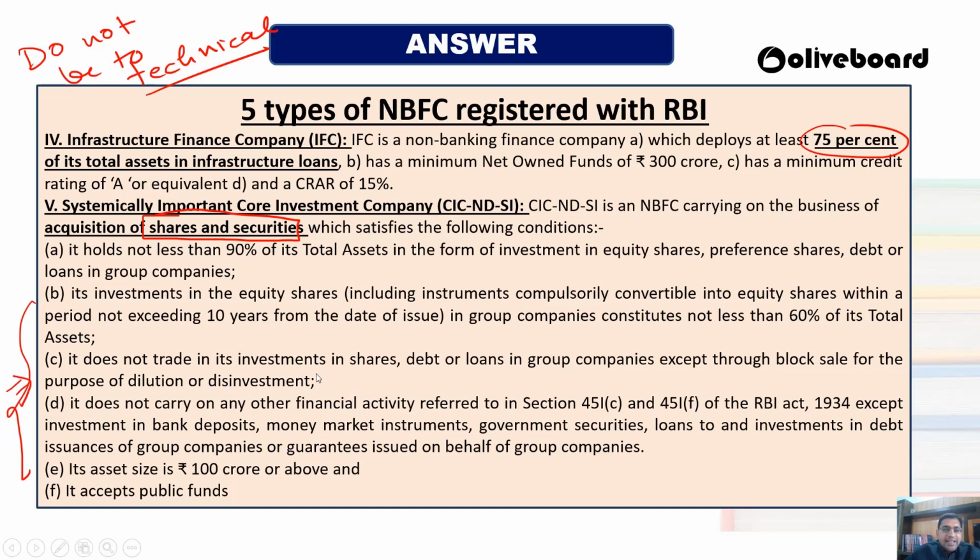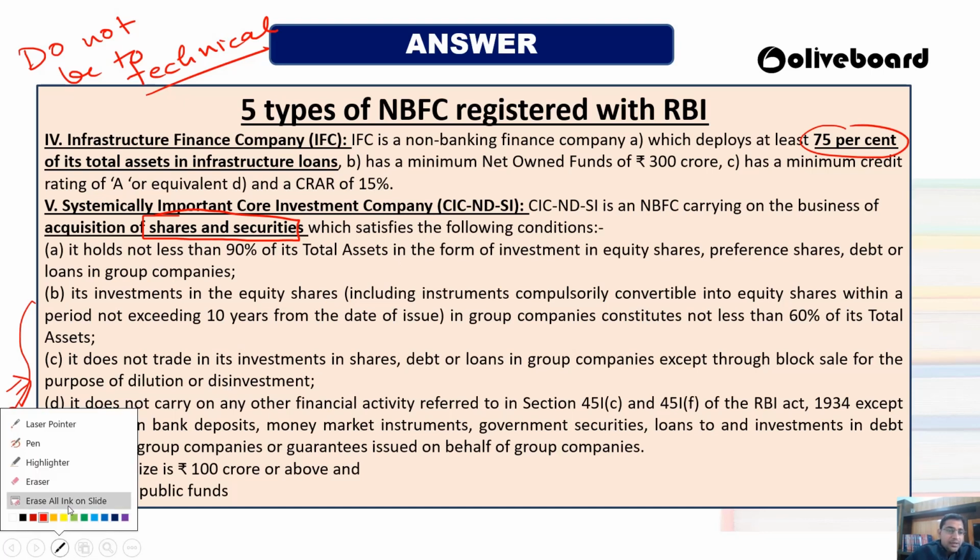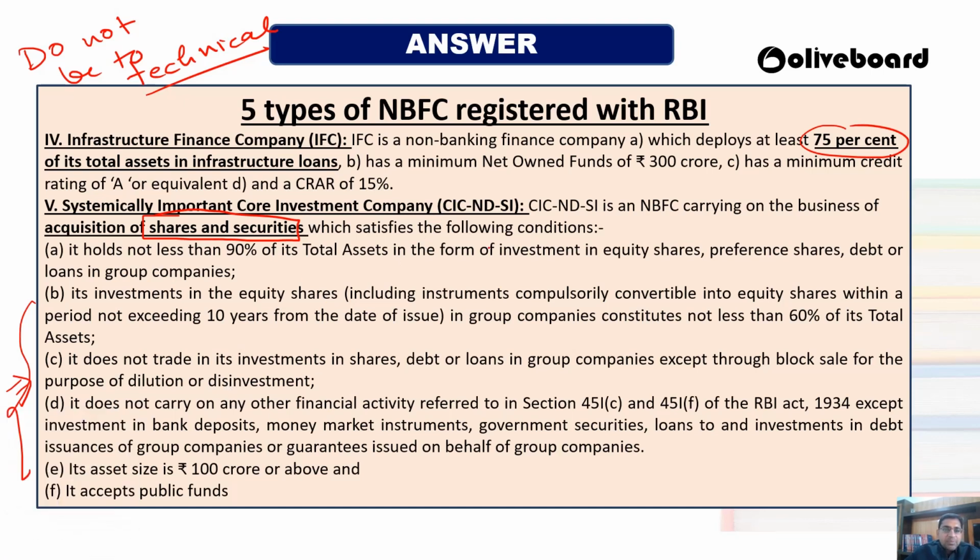Here some criteria have been mentioned: it holds not less than 90% of its total assets in the form of equity shares and preference shares, and investment in equity shares or instruments convertible into equity shares for a period not exceeding 10 years. It does not trade in the investment of shares. It does not carry out any other financial activity under Sections 45-IC and 45-IF. So these are the limitations that are set under that.